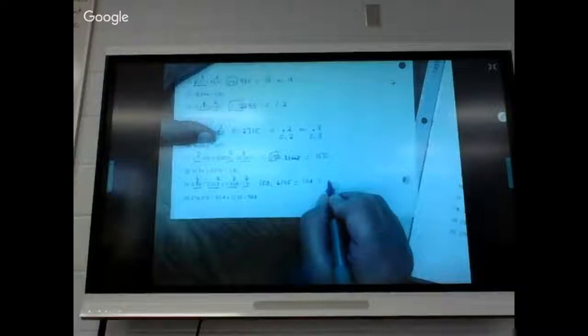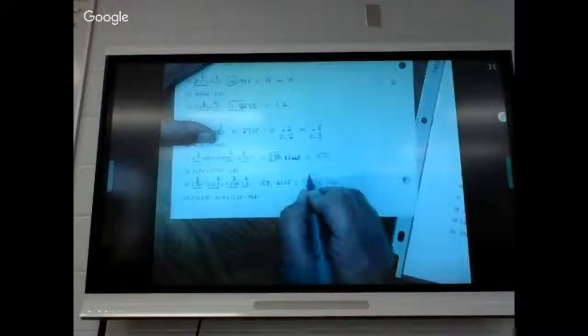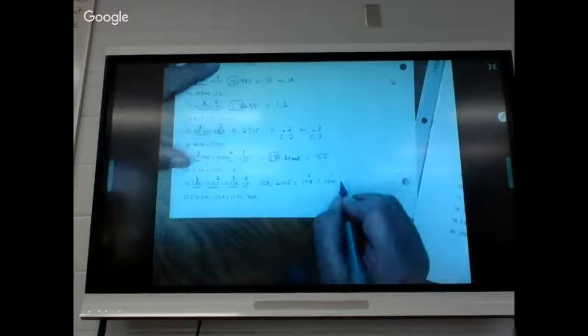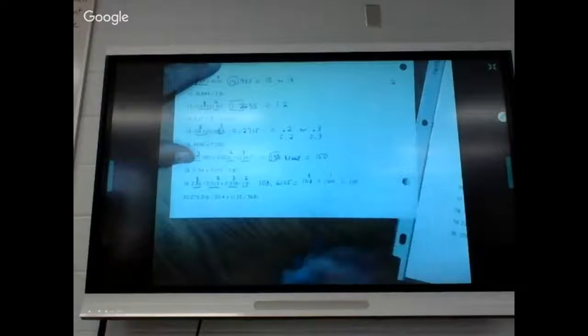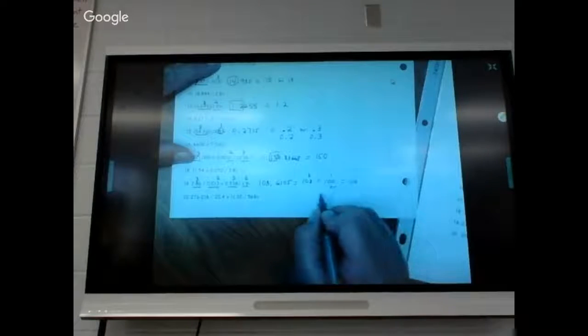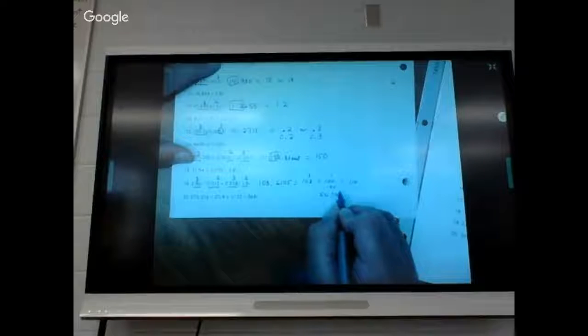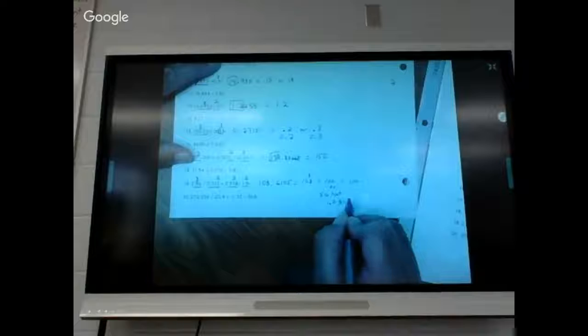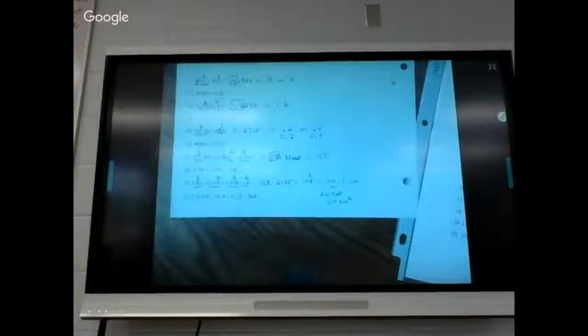If we round it to 100, we have 1. So the only way we can actually get this is to round it up to 110, which would work, or we can put it in scientific notation and make it 1.0 times 10 to the second. Not many of them work that way where you have to put it in scientific notation, but sometimes you do.